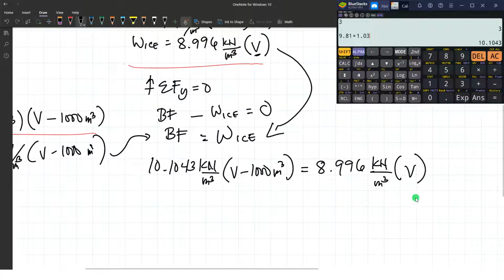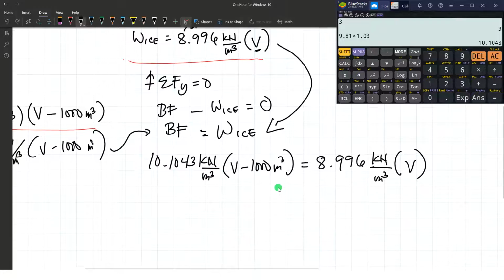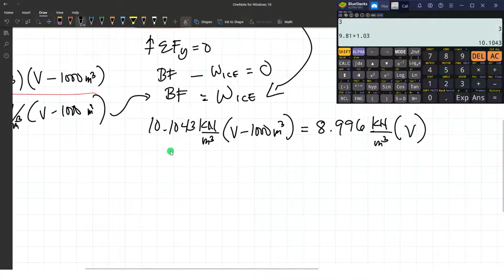So the only unknown here is the volume of the ice. Okay, so we multiply 10.1043 by V minus 1000.